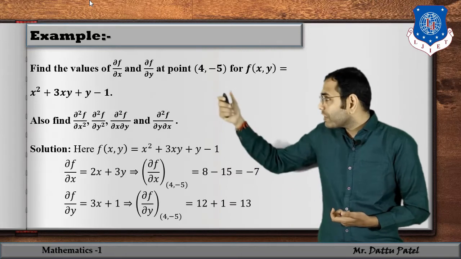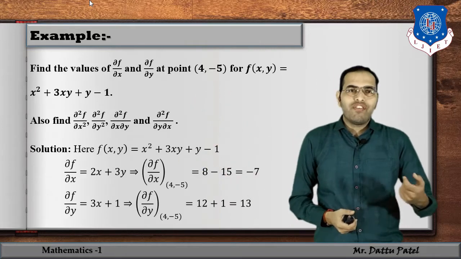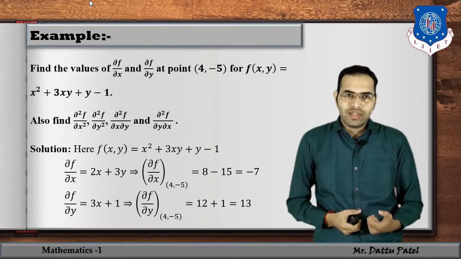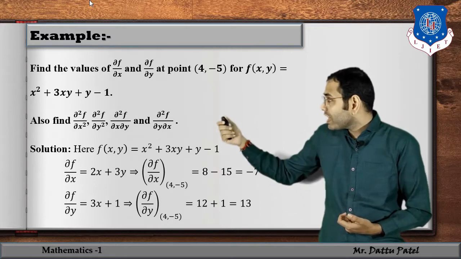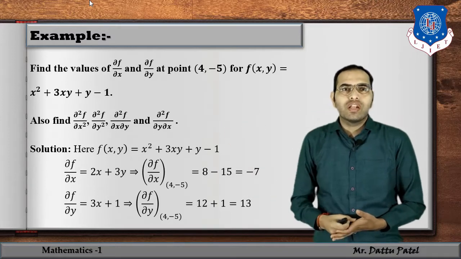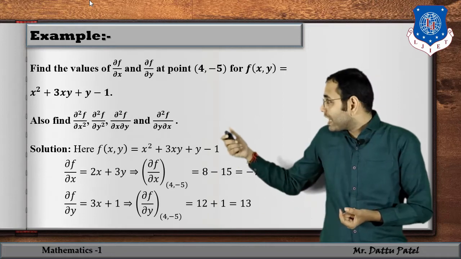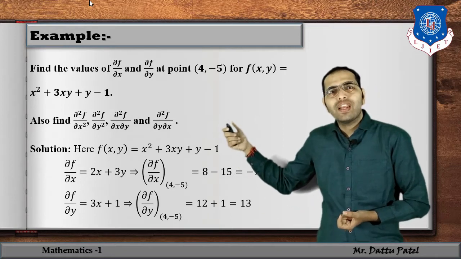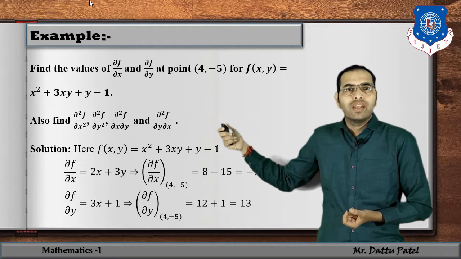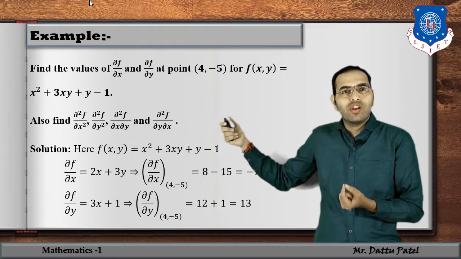Now the derivative of that function with respect to x, we can write fx or del f by del x. Whenever we apply the derivative with respect to x, y is treated as a constant. The derivative of x square is 2x, the derivative of 3xy, with y treated as a constant, is 3y, since the derivative of x is 1.